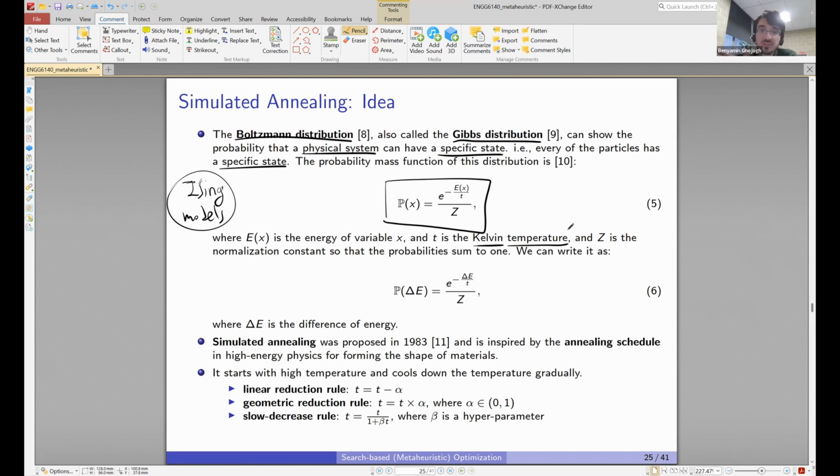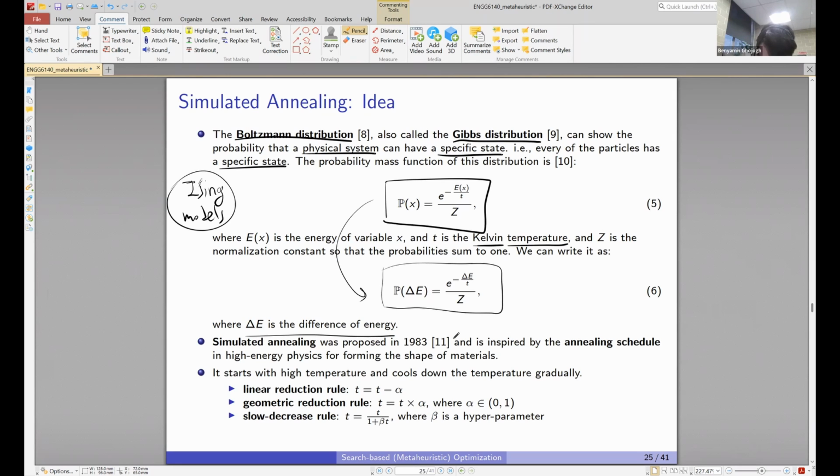We also have a normalization factor in almost all distributions, such as the Gaussian distribution. If you look, there is a denominator for that. We can also restate it in this way, where delta E is the difference of energy. So the probability of difference of energy is e, the Neper number, to the power of minus delta E over T, over Z, right?